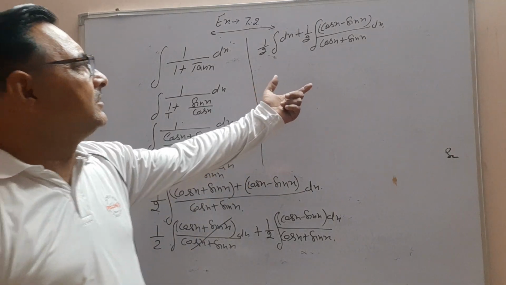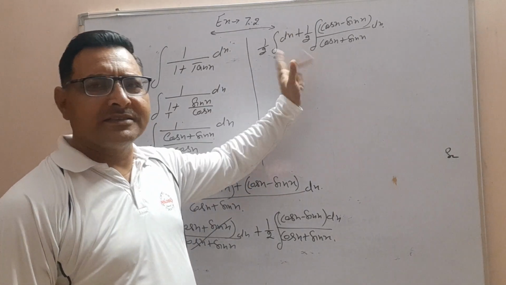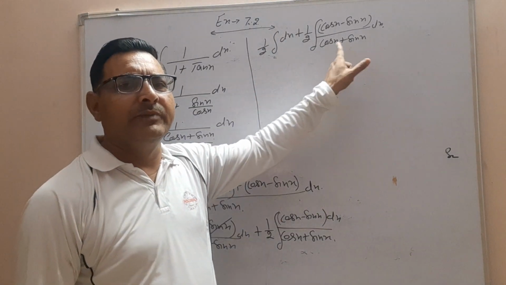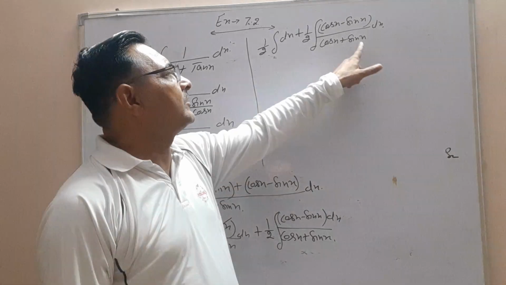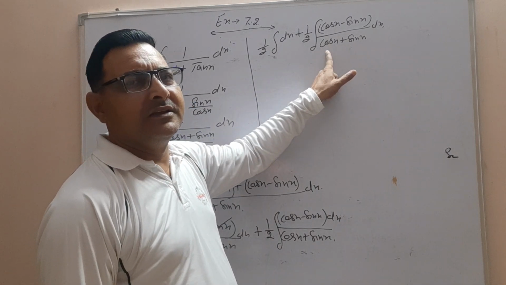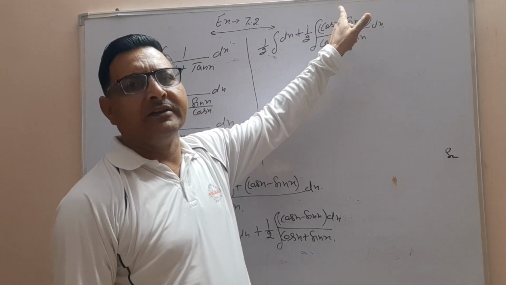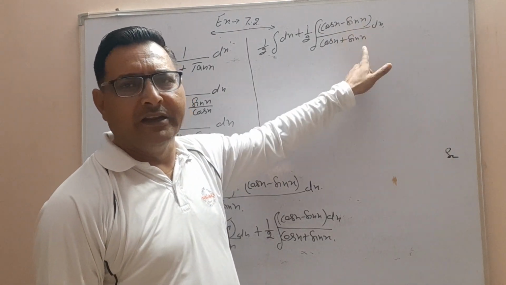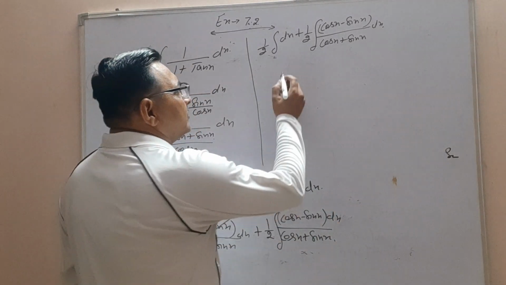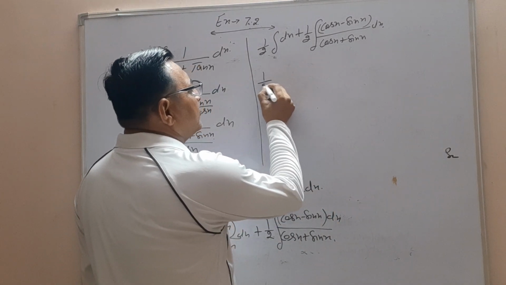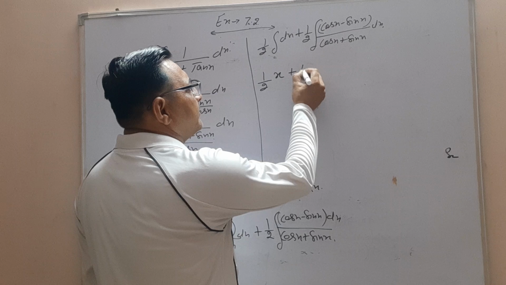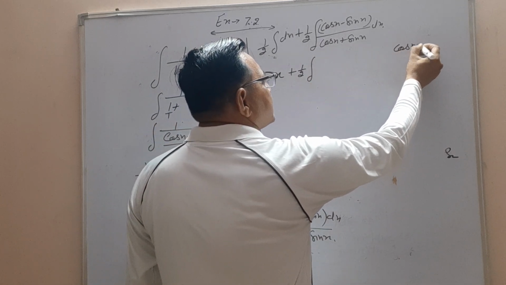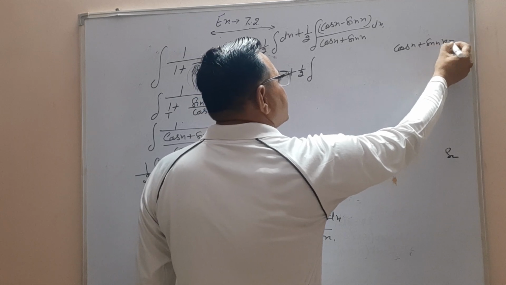And now here its integration is x, so you will get x by 2. Here in the denominator, if we put this value as t, cos x plus sin x, you will get the derivative in the numerator, cos x minus sin x. So you can put the denominator as t and you will get the derivative. So it will be dt by t. So now 1 by 2 into dx, integration is x, plus 1 by 2. You can put cos x plus sin x as t.